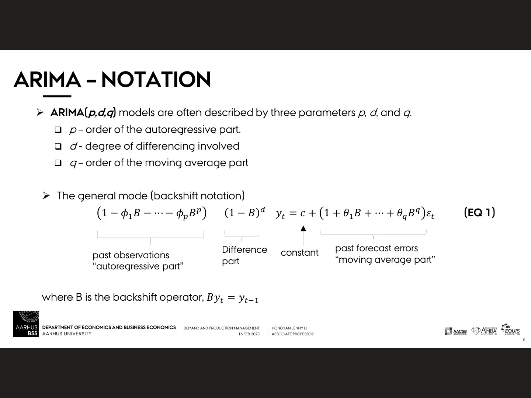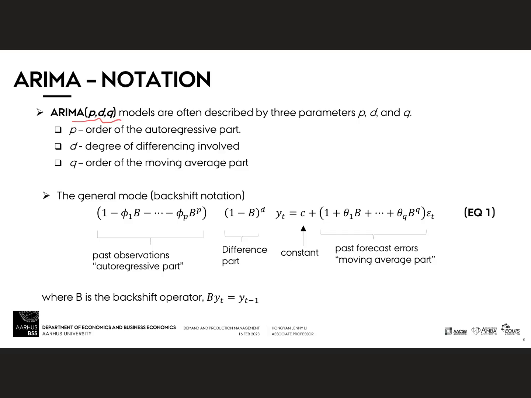And then we can further see the modeling part. The ARIMA model basically is defined by 3 orders, which are the P value, D value and Q value.